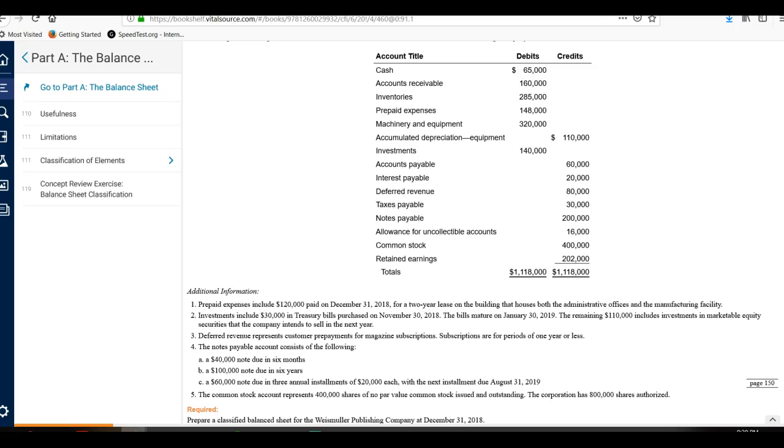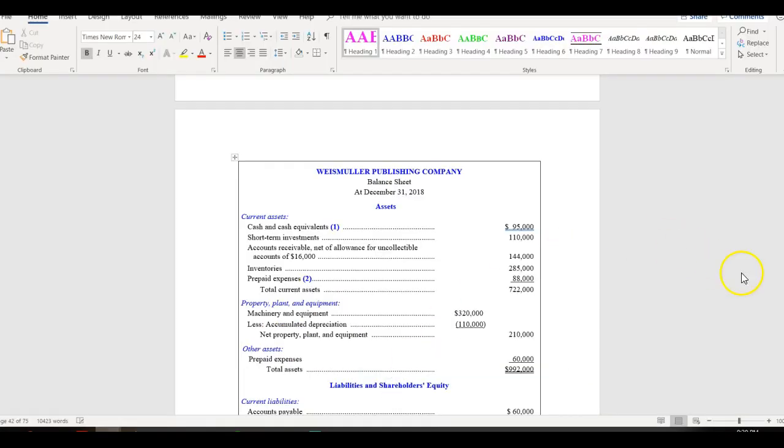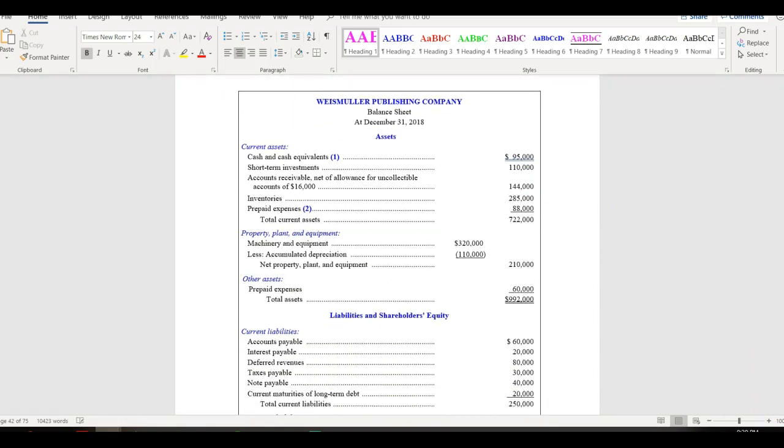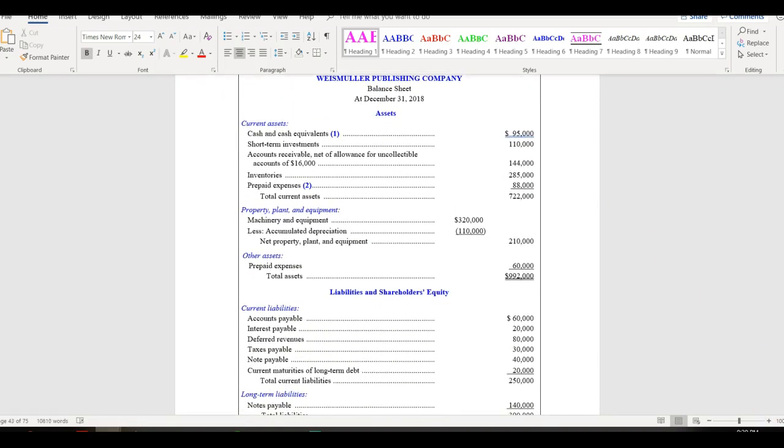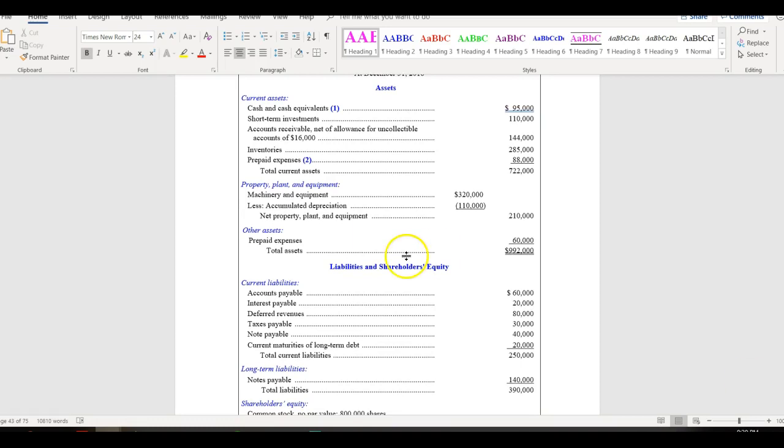So it's providing this information so you're able to classify current or long-term. So as we go and look at this problem here, you see under current assets, we show cash and cash equivalents of $95,000.